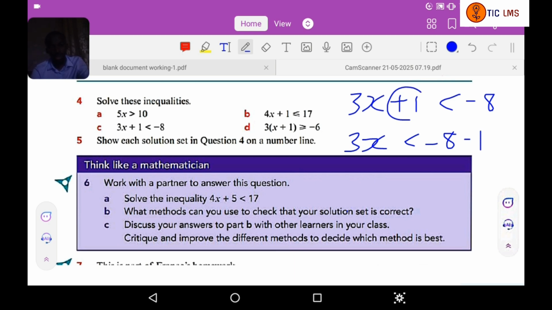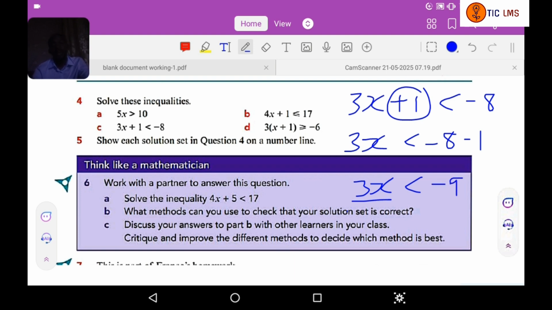It was positive 1 initially on the left. Once you move it across that sign, whether it is an equality sign, a less than sign, a greater than sign, all those signs, it is going to change from positive to negative. And if it was negative before, it turns into positive. Alright, so we're going to have 3x less than negative 9.